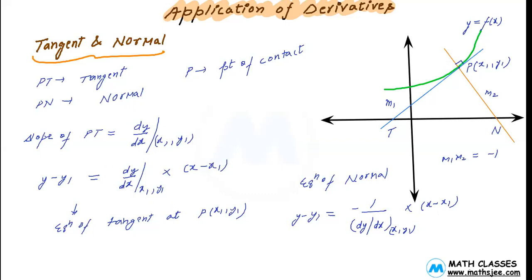With the slope, we can find the tangent and normal to any curve, whether second degree or any degree. Once we know the slope and the point, we can easily find the tangent and the normal.